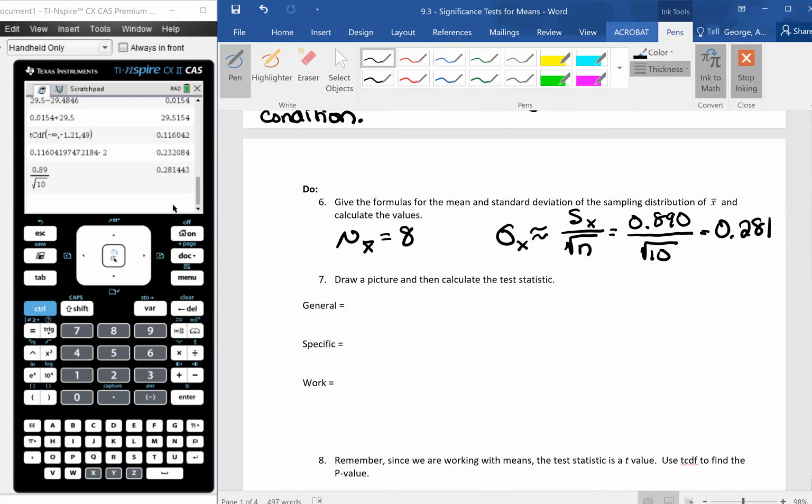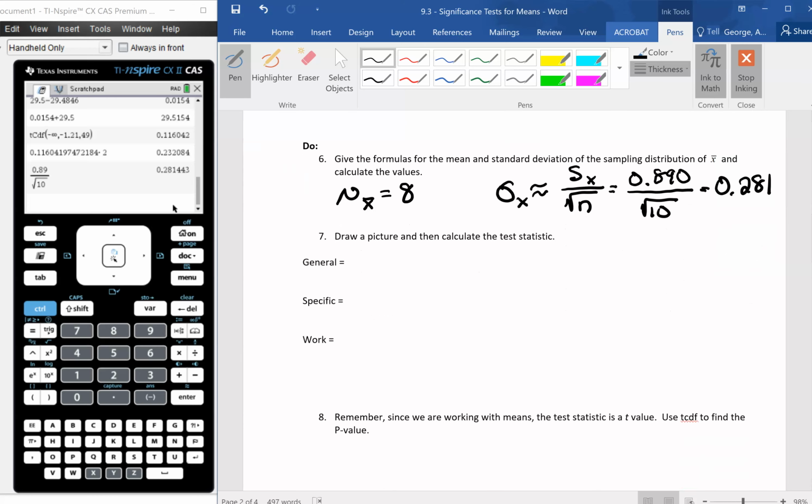All right, so our general formula is test statistic equals our statistic minus the null over our standard error.